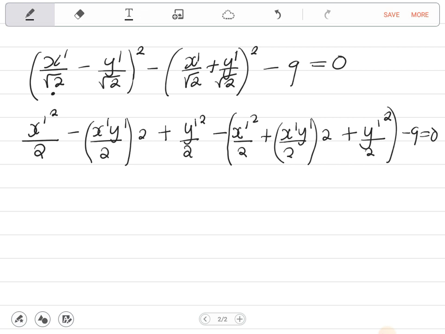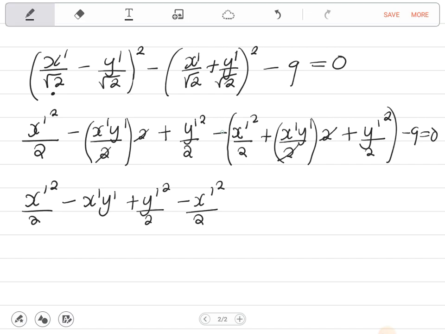That's what we have. So now from here you clearly see that this is x prime squared over 2. This 2 and that 2 cancel, we have this. Okay, then plus y prime squared over 2. All right, here becomes minus x prime squared over 2, and this and that cancel, but there's a negative outside which will multiply inside there to give us negative there.